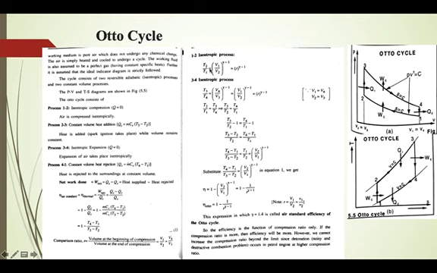Instead of T2, you can write T1 into R raised to gamma minus 1, and instead of T3 you can write T4 into R raised to gamma minus 1. You take R raised to gamma minus 1 as common outside. This will be T4 minus T1.